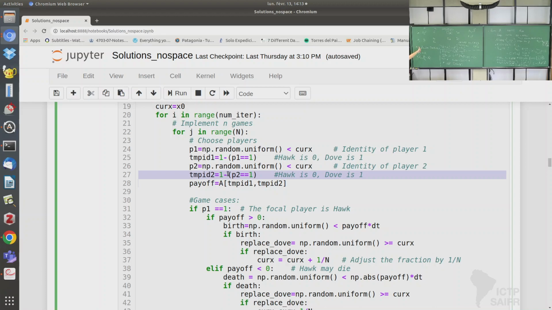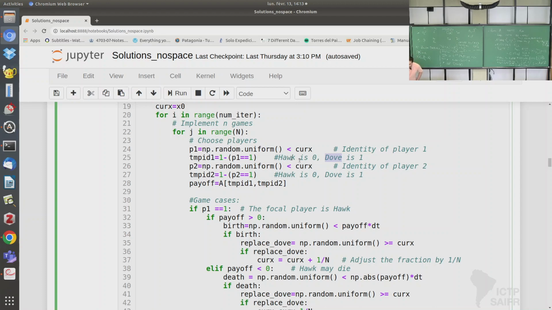Essentially, this will tell whether it's a 0, in this case a hawk, or it's a 1, and in that case a dove, okay? This depends on Python syntax of a Boolean true value being either 0 or 1, which hopefully is the same in R, but I'm not sure.